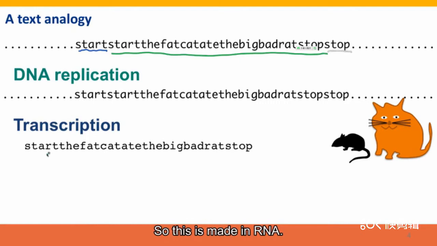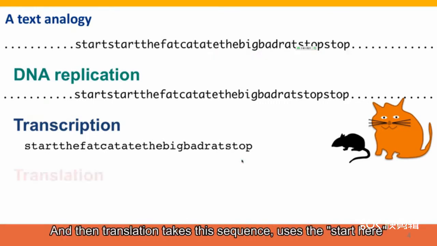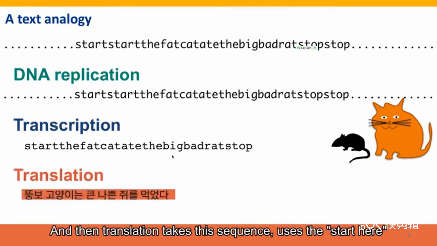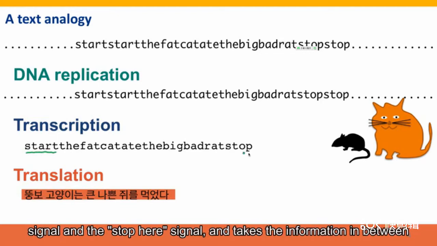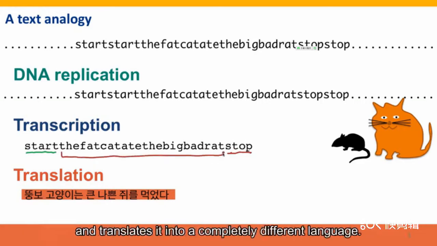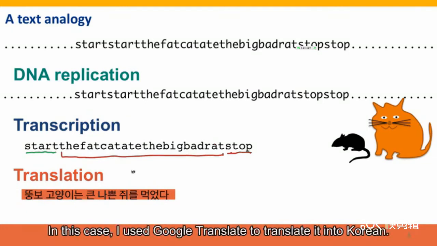So this is made in RNA. And then translation takes this sequence, uses the start here signal and the stop here signal, and takes the information in between and translates it into a completely different language. In this case, I used Google Translate to translate it into Korean.